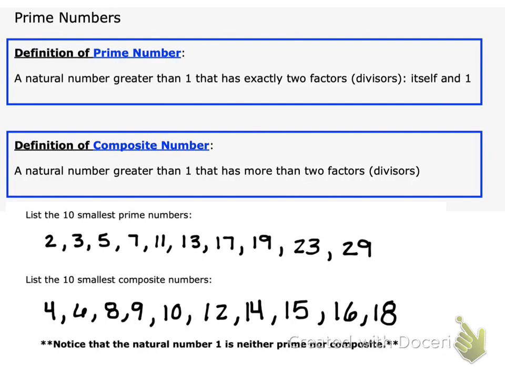Oh, 10, perfect. Questions on prime versus composite? That is a concept that we start teaching in elementary school.